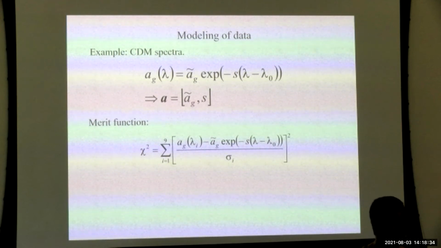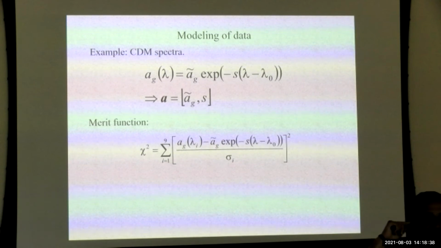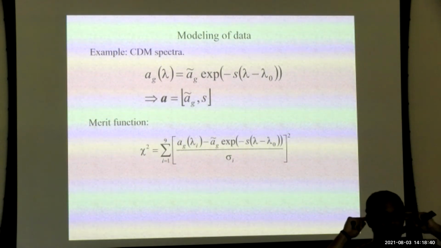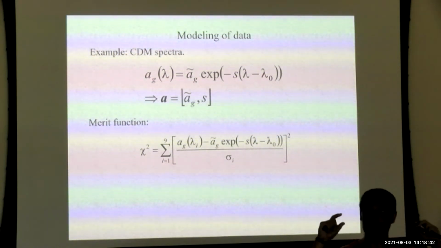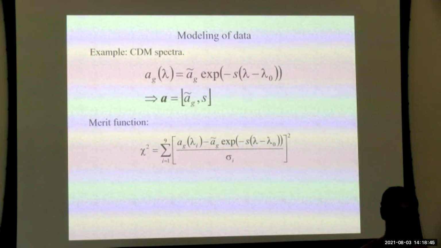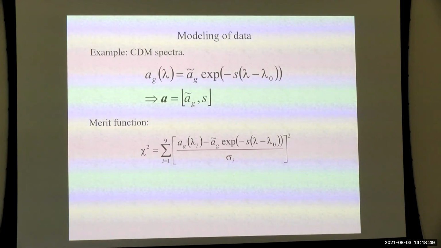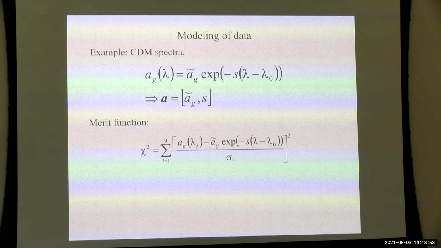Nobody knows that. It turns out the underlying assumption is that the relative error is constant for your points. So that sigma over the uncertainty over the measurements is constant.